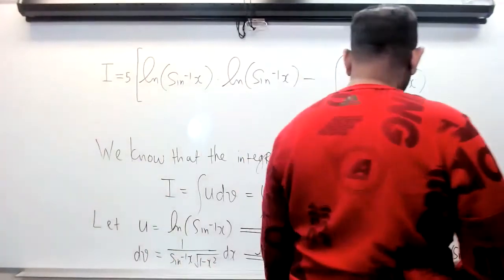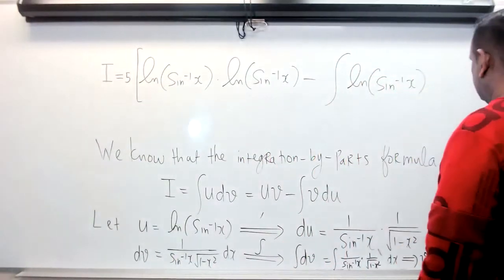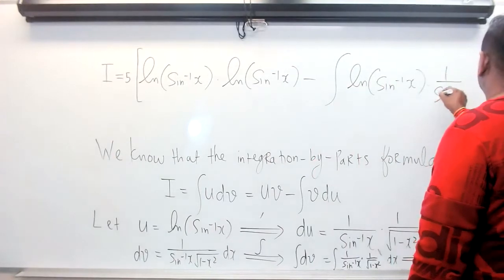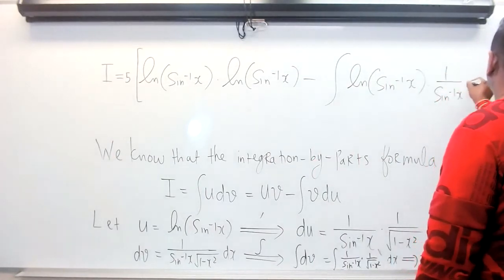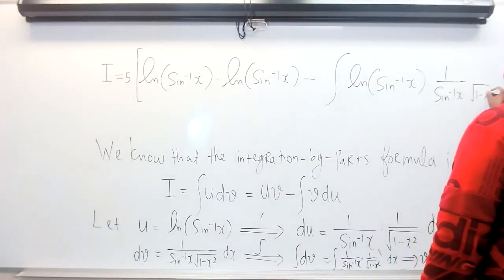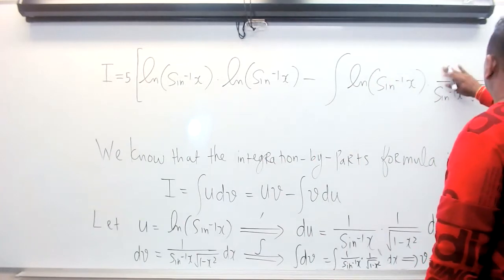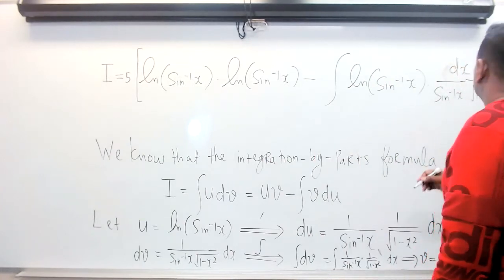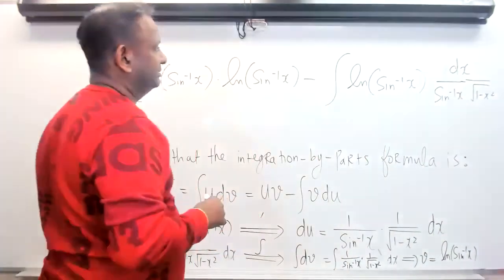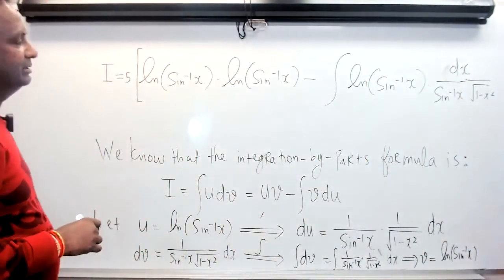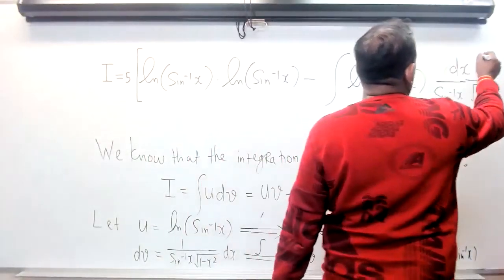Du means 1 over sine inverse x times 1 minus x squared, and I'm going to write the dx on the top. Close it.